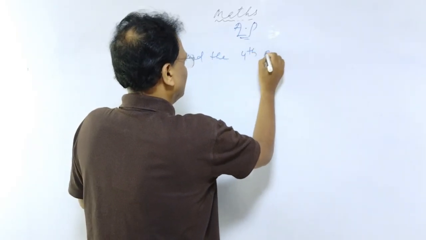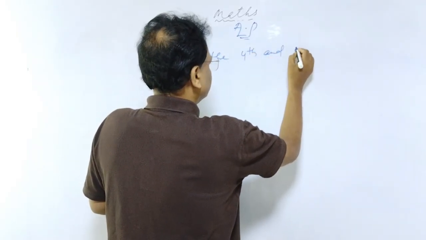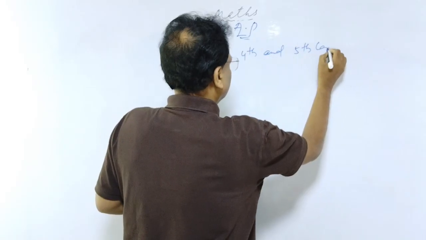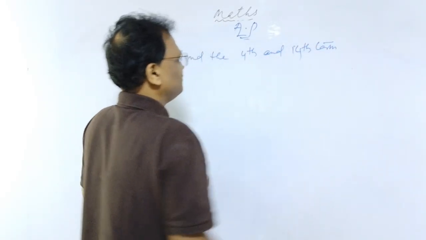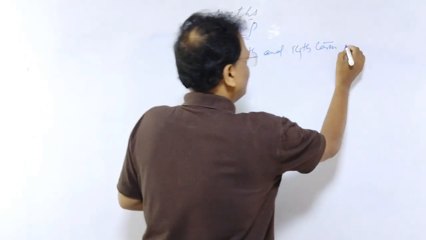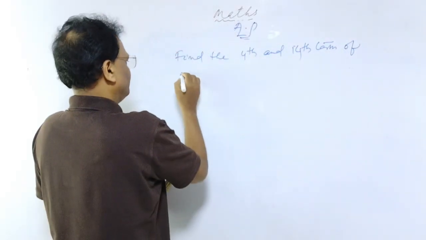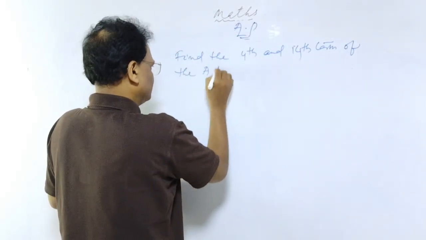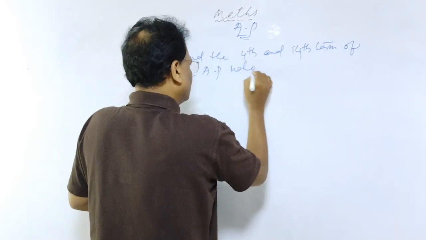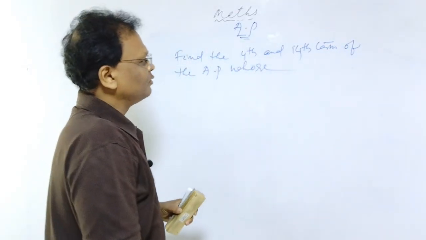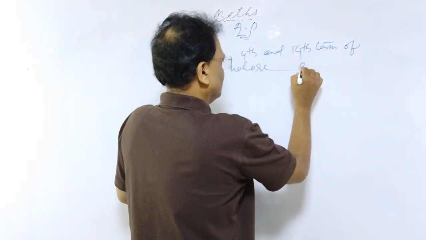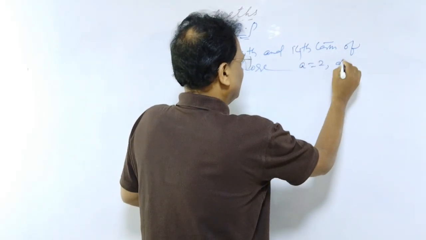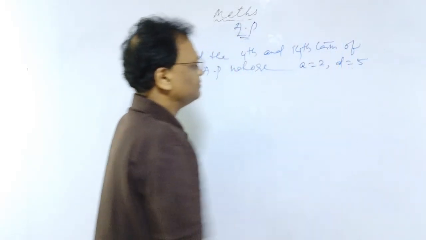Suppose find the fourth and fifth term. Find the fourth and 14th term of the AP whose A is equal to 2 and D is equal to 5.